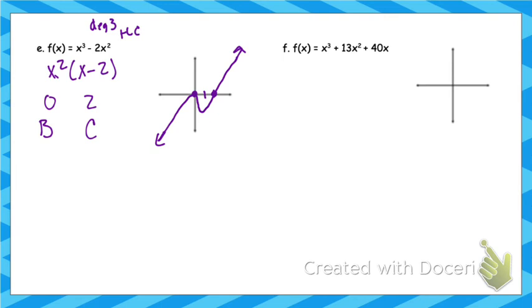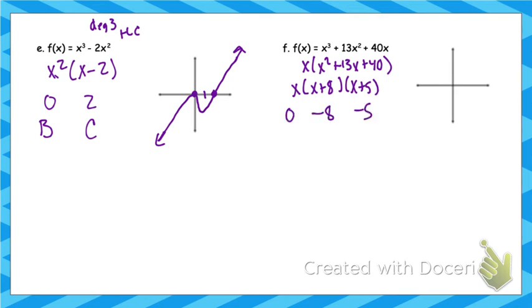All right, so F is a little bit trickier for the factoring. So I'm going to start with my GCF. My GCF here is x. Every term has an x. Then I can see what multiplies to 40 and adds to 13. So that's 8 and 5. So now I can find my zeros. 0, negative 8, negative 5.